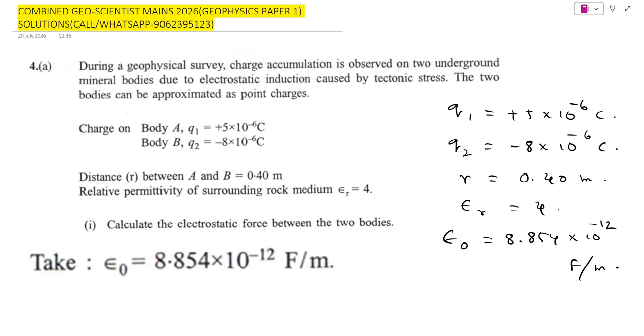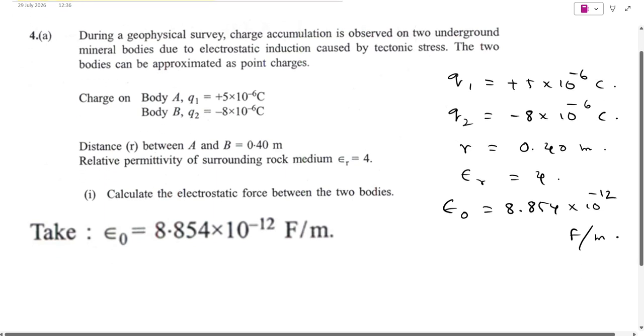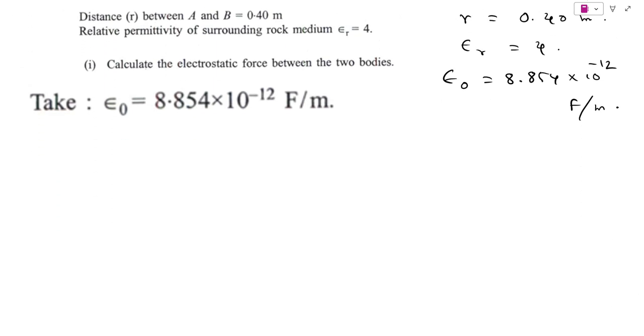Now, the electrostatic force between two point charges inside a medium is what? We know that F equals 1 by 4 pi epsilon naught epsilon R, mod of Q1 Q2 by R square. Now notice one important thing.